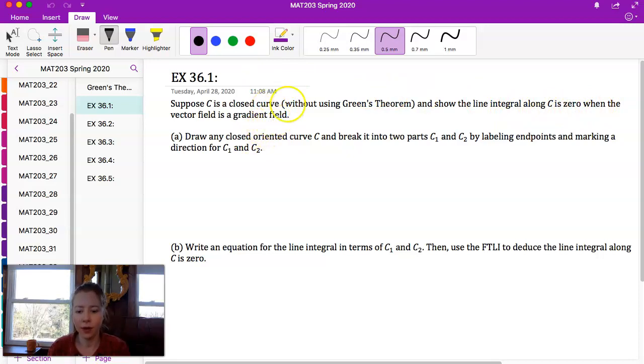Remember, we want to show that the line integral of f dot dr is going to be 0 when f is a gradient field.